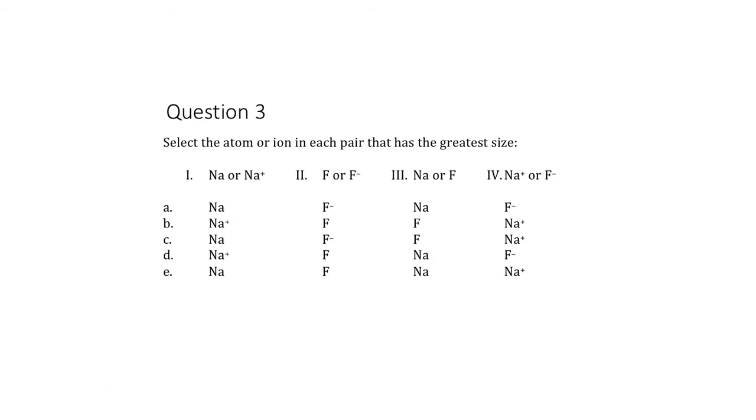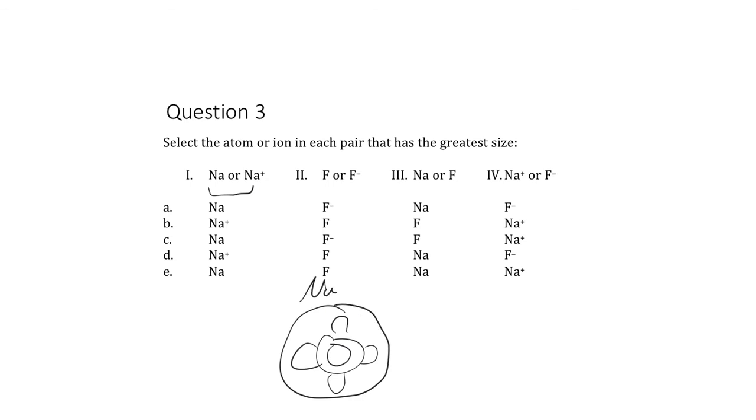Select the atom in each pair that has the greatest size. So think about sodium. So think about having 1s2, 2s2, the 2p set of electrons, and 3s being this size. So this is sodium. What if I remove this s electron? Do we think the size of the atom will increase or decrease? And obviously it's going to decrease.